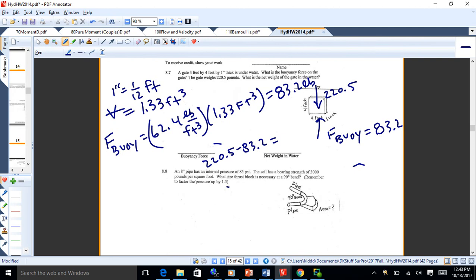And that's going to be, whatever it is, 137 pounds. So that thing will still sink in water if it's allowed to. The weight is greater than the buoyancy force. Okay.